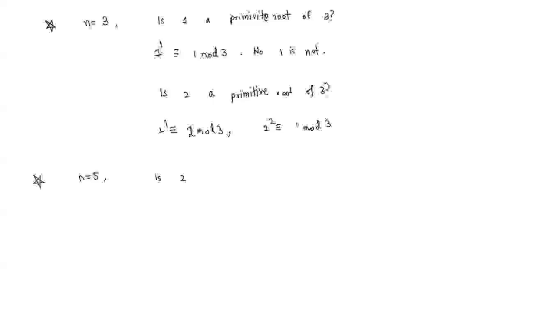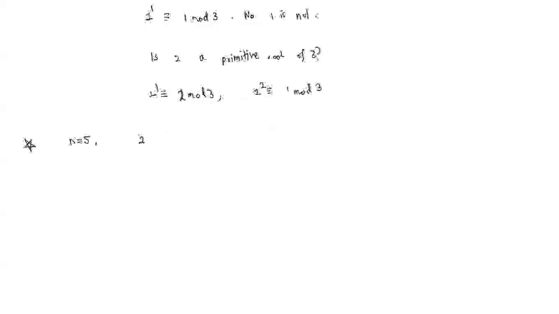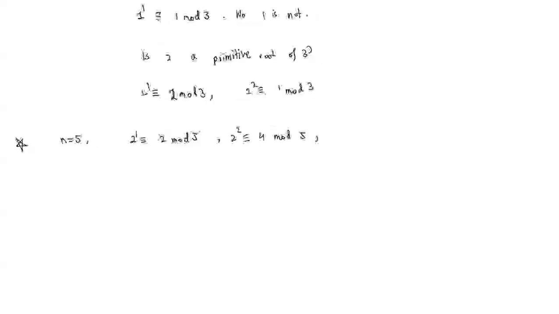Let's check properly. 2 to the power 1 is 2 mod 5. What about 2 squared? It is 4, which is minus 1 mod 5. 2 to the power 3 is 3 mod 5.